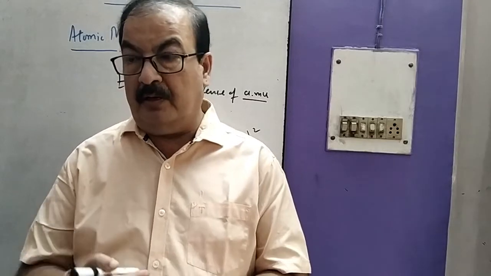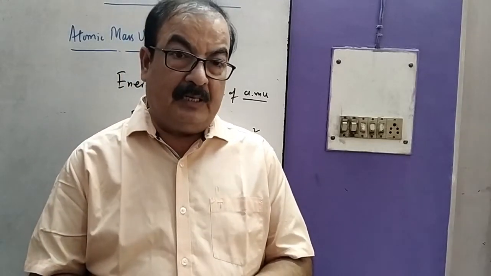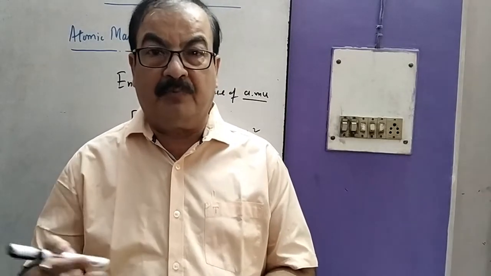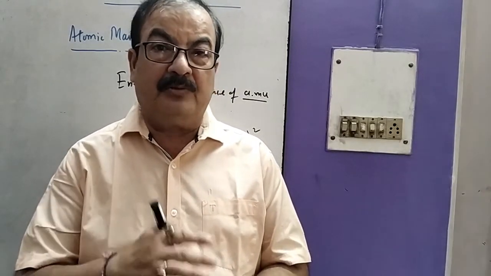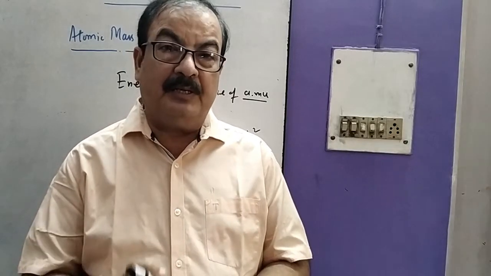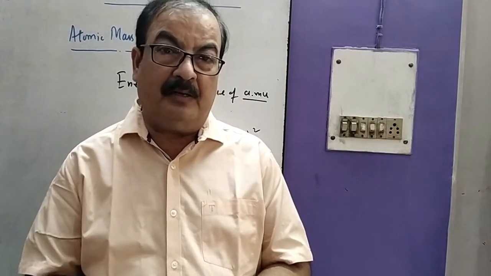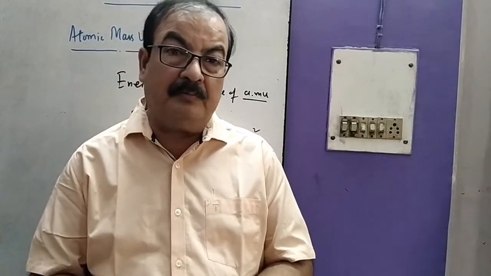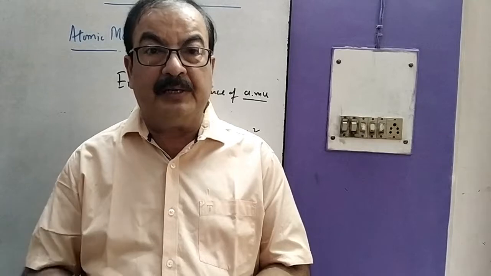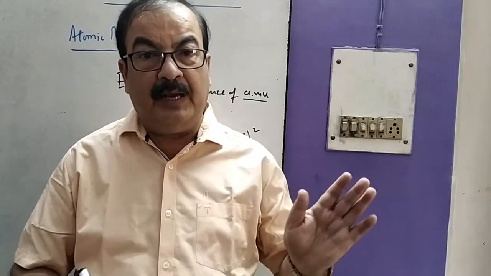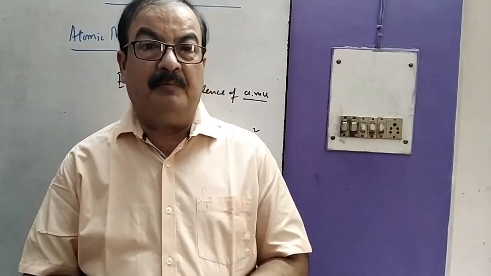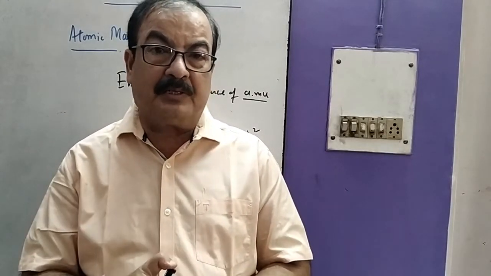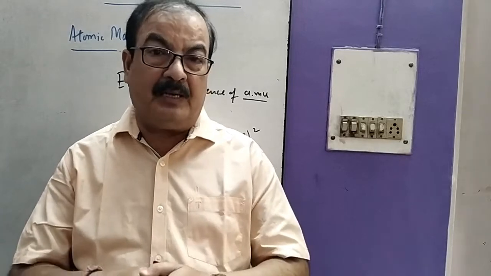For your information, I must let you know one thing: from this year, something has been deducted from your chapter. There is no scope for radioactivity, no scope for individual alpha, beta, gamma properties, no scope for half-life period, average life, etc. Therefore, we have to entirely discard the term radioactivity here in the nuclear physics chapter, and divide our lectures accordingly.